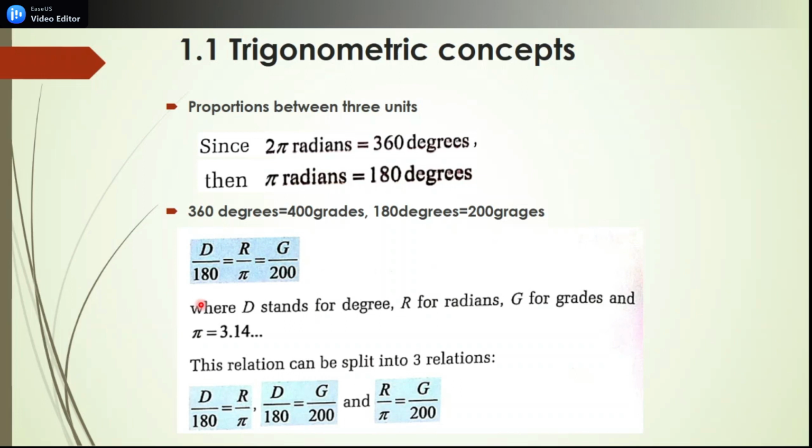When we make the ratios of all 3 relations, they can be written as d over 180 equal to r over pi, or d over 180 equal to grade over 200, and r over pi equal to grade over 200.